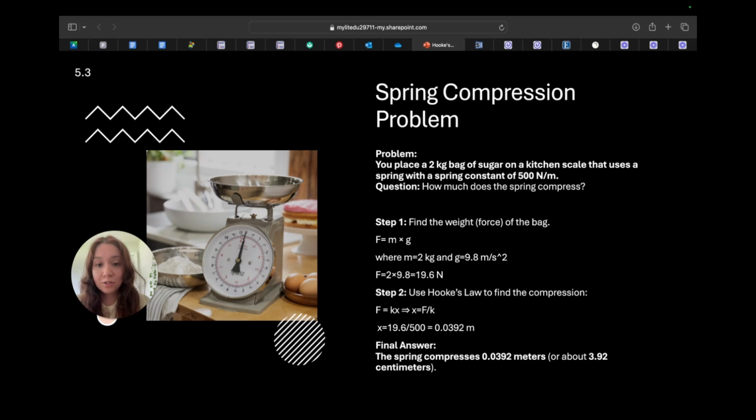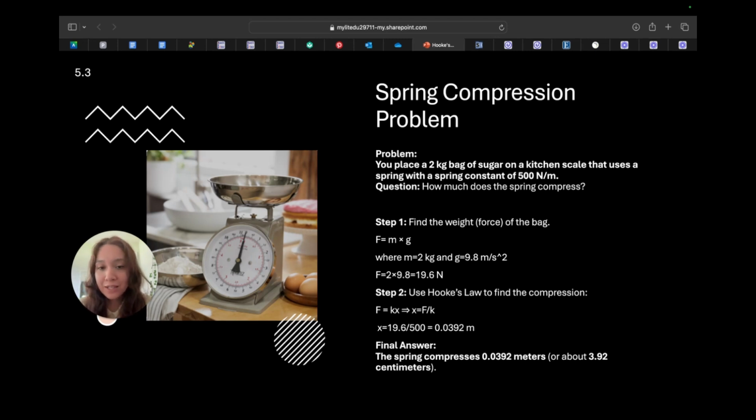Now we go to Hooke's law, which is F equals K times X. But we're trying to find X, the amount the spring compresses. So we rearrange the equation to solve for X, which is X equals F divided by K. So we just divide both sides by K to get X by itself.